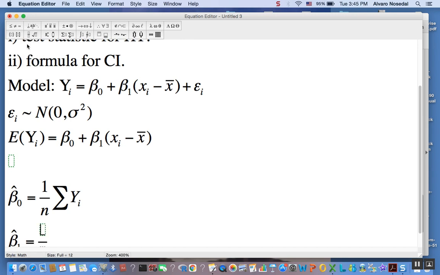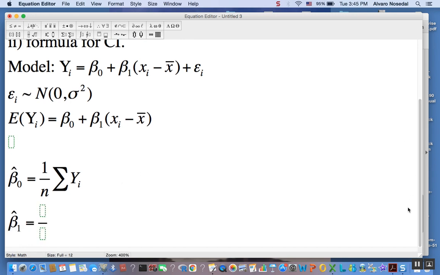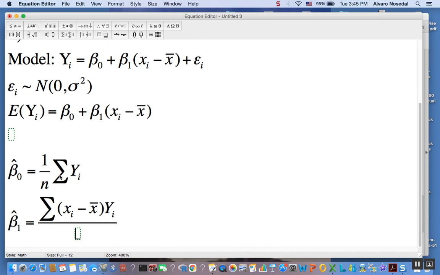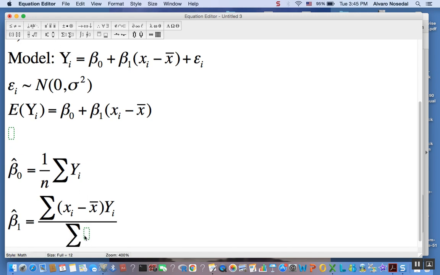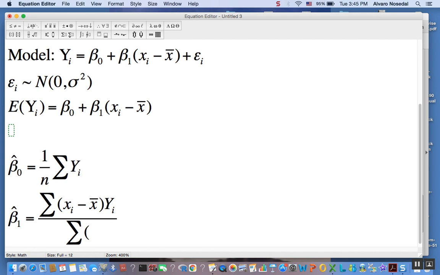It would be the summation of xi minus x bar times yi, divided by Sxx. Sometimes that is called the sum of the xi's minus x bar squared.